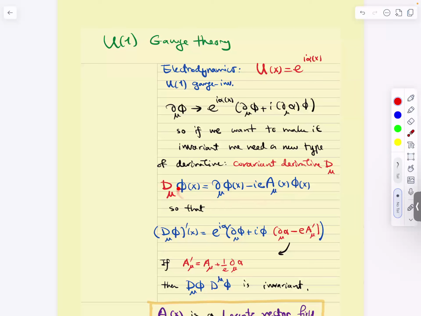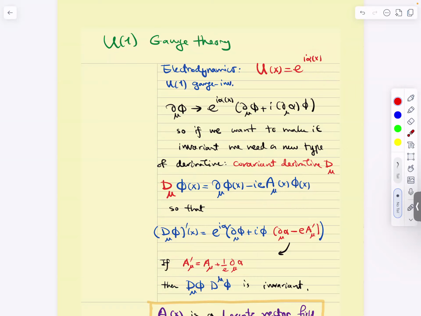All right, I introduced this guy. This is an auxiliary made-up field I introduced. The goal of this field is to make sure it cancels these terms. So if I now transform the covariant derivative, this is how it transforms. Now, if a mu transforms exactly like this, it will cancel this term.